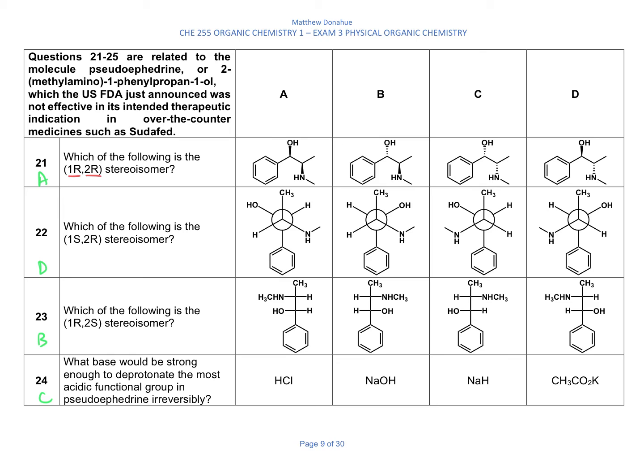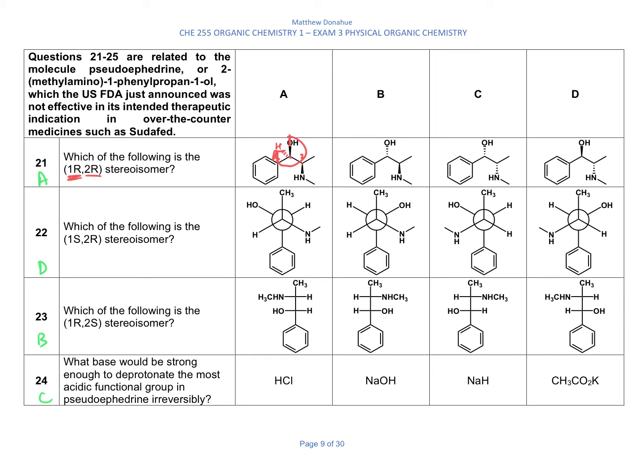So this is, again, the carbon bearing the alcohol, position 1. So we need that to be the R. Oxygen's going to get 1, hydrogen's going back. This carbon has nitrogen, so that's 2. This is going to be 3, so we're going clockwise.